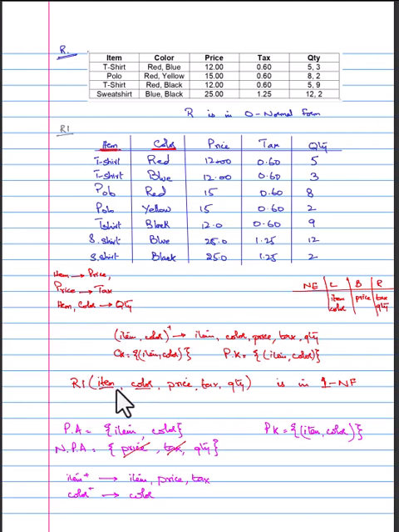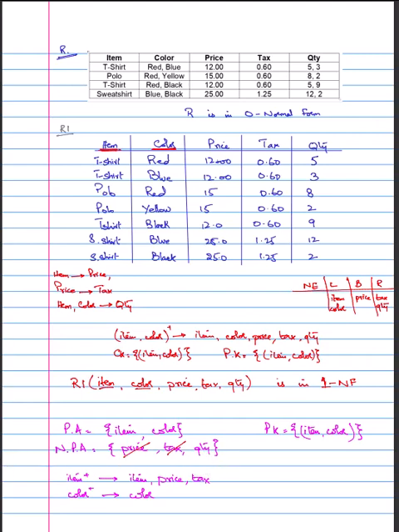So these are underlined. So R1 is now in the first normal form. The prime attributes will be item and color, while the non-prime attributes will be price, tax and quantity. So these three are the non-prime attributes.